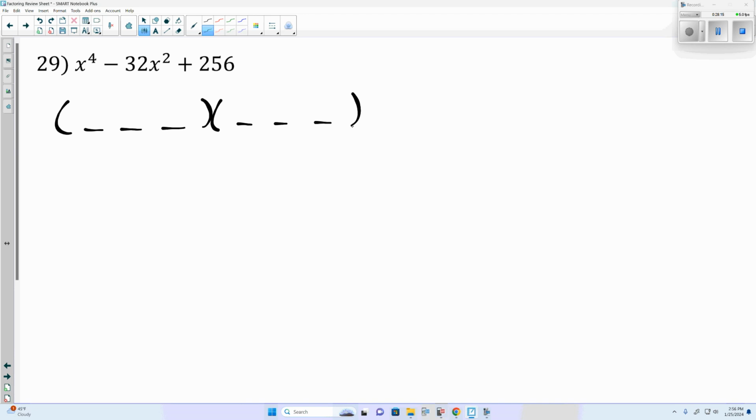So our factors of x to the fourth would indeed be x squared and x squared. Now our x squared plus x squared would give us our middle term. So it still works the same way there.